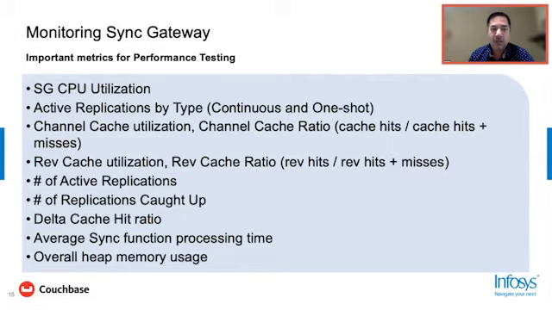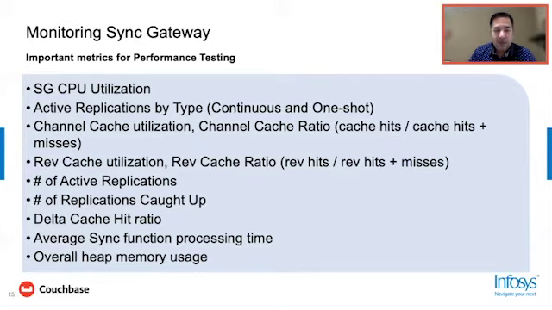Obviously, you don't want your Sync Gateway CPU to go too high. How high is too high? Well, depends. I like to keep it around 60% max, but people have different opinions, right? Some people are okay going up to 80%. Some people don't want to go above 40%, right? So that's a call that you need to make depending on your volume and your expectations.